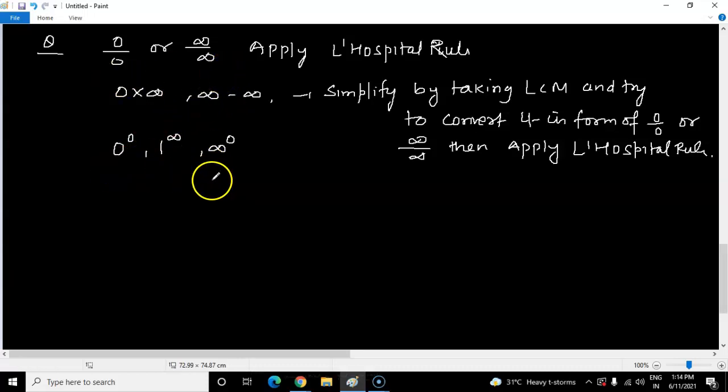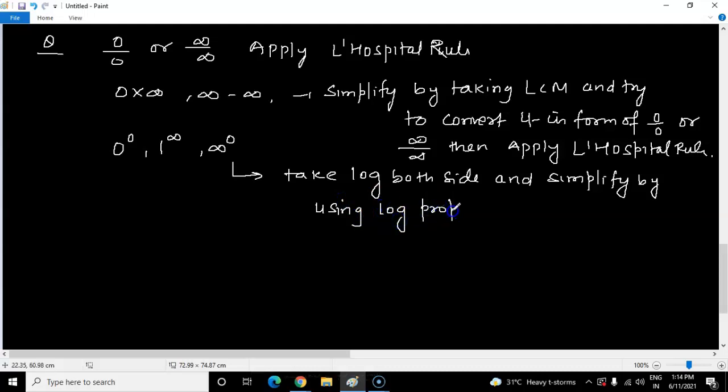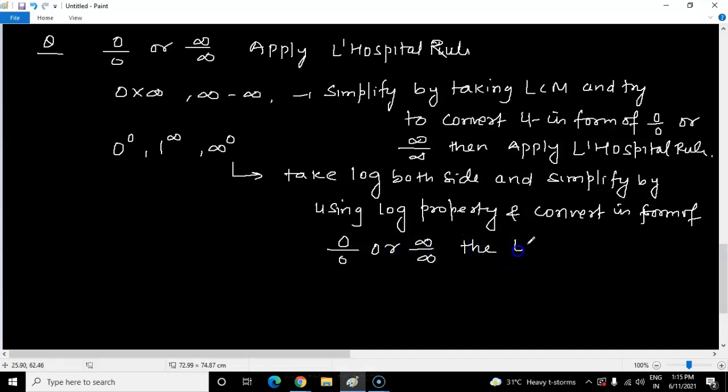For this, one formula is given here: take the log both sides, and simplify the expression, whatever function is given, by using log property, and convert it into the form of 0 by 0 or infinity by infinity, and then apply the L'Hospital. So these are the methods to find the limit.